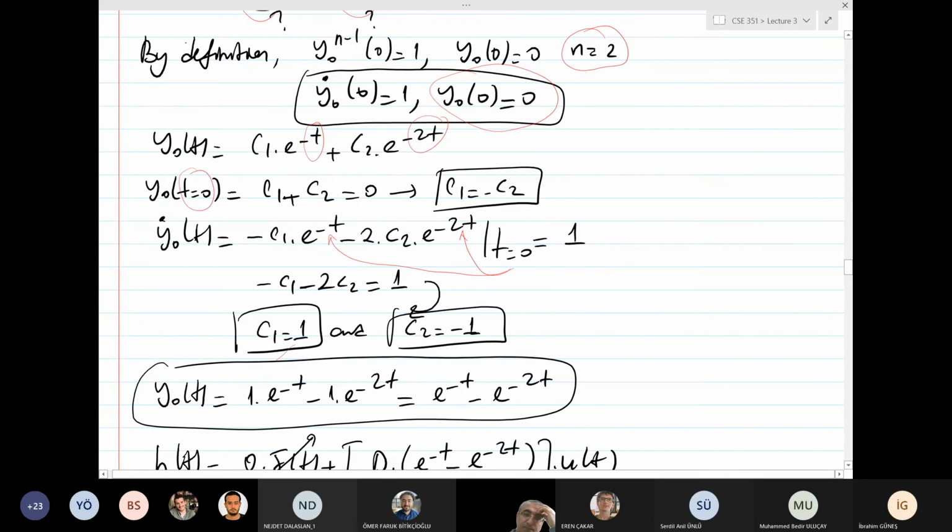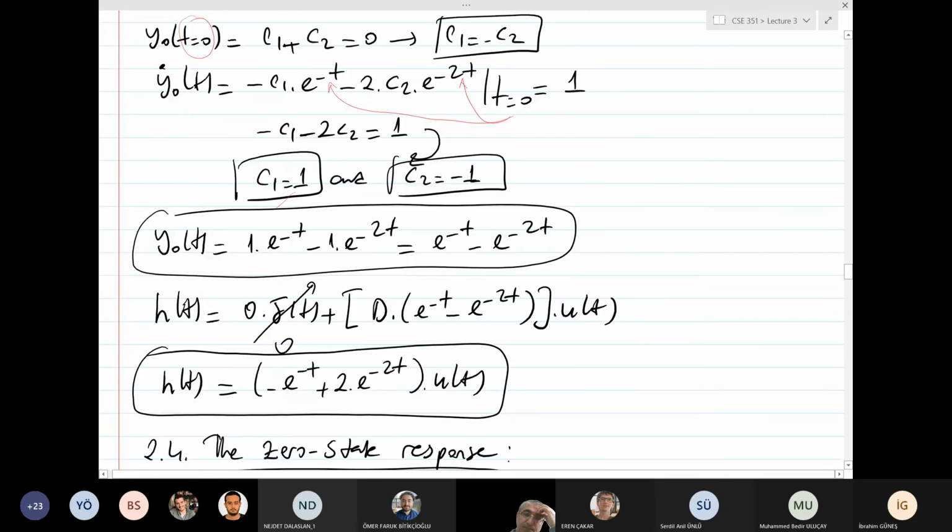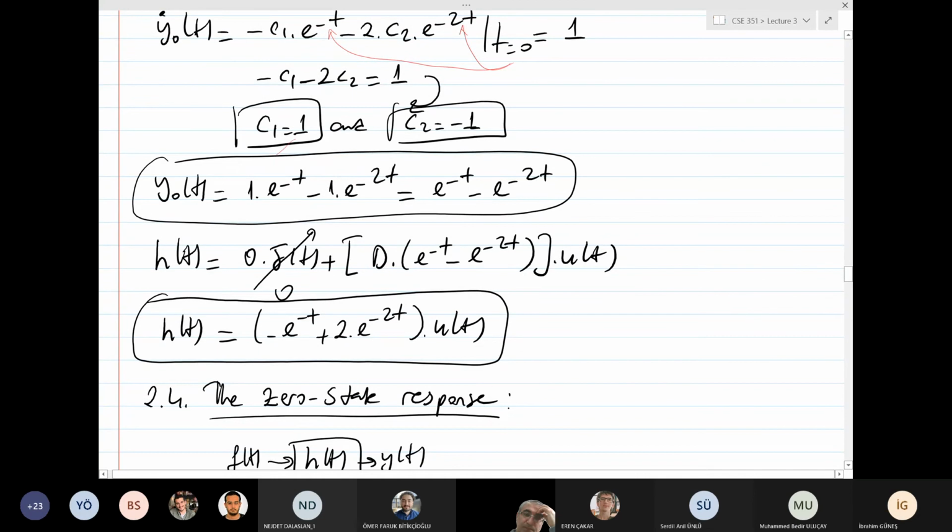So we are not done yet, right? That was the last unknown in the equation of h of t. So the b2 was 0. This term is gone, is cancelled. We have the P of t, which is equal to D times this y0 of t that we just obtained together, times u of t.